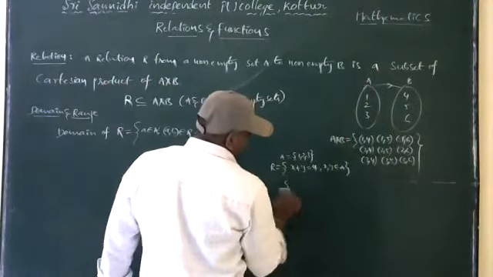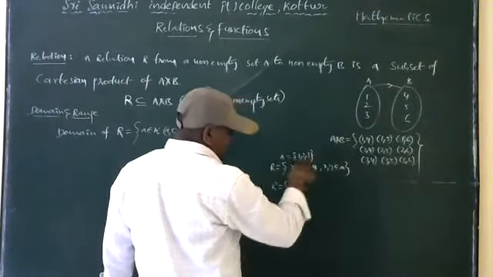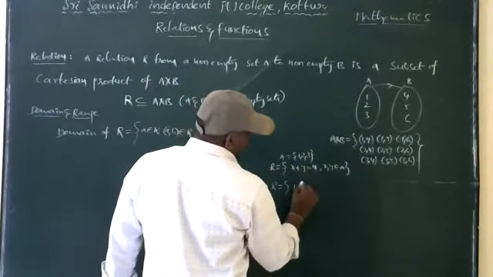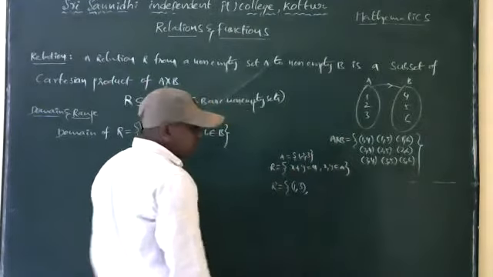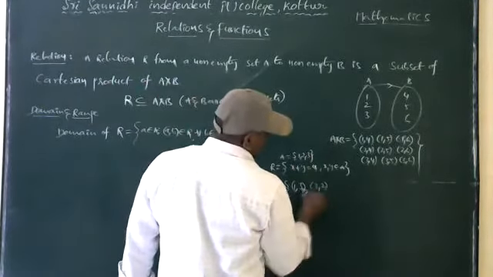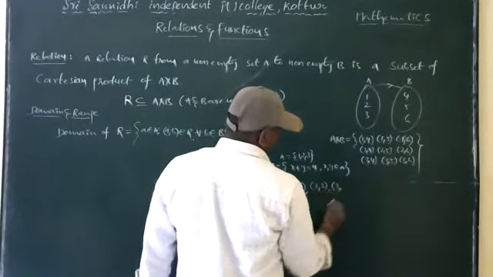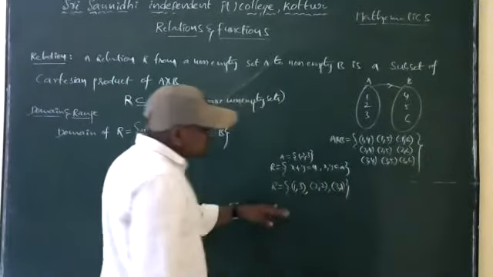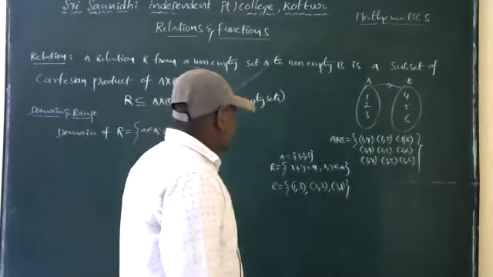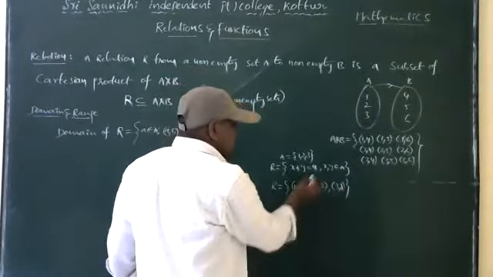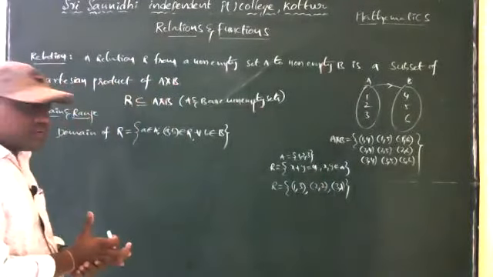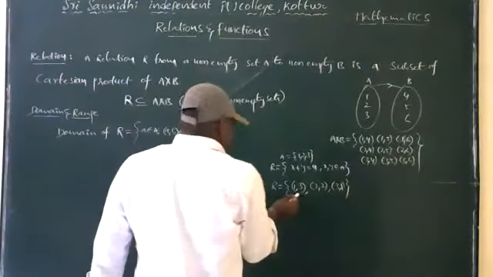Possibilities: by taking x value is 1, by taking y value is 3, it is possible. Then the combination 1, 3, then 2, 2, next 3, 1. So this is the relation from A to A which satisfies the relation x plus y is equal to 4. Right. So this is one relation.